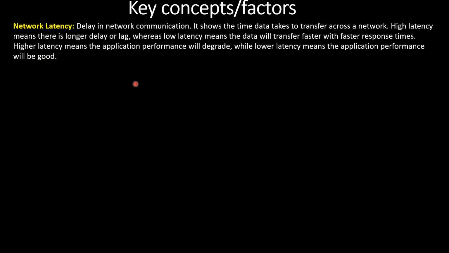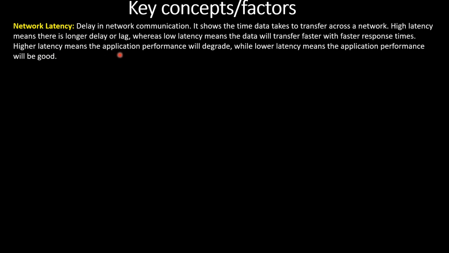First is network latency. So what is network latency? Network latency is the delay in network communication. It shows the time data takes to transfer across a network. High latency means there is a longer delay or lag, whereas low latency means the data will transfer faster with faster response times.